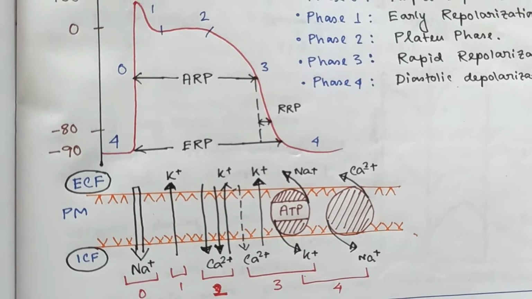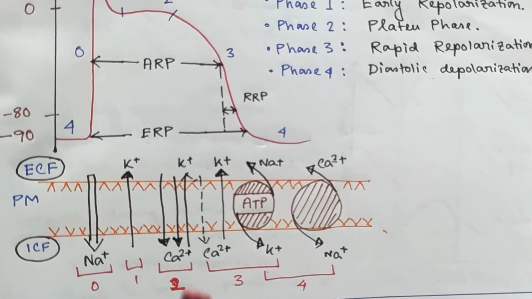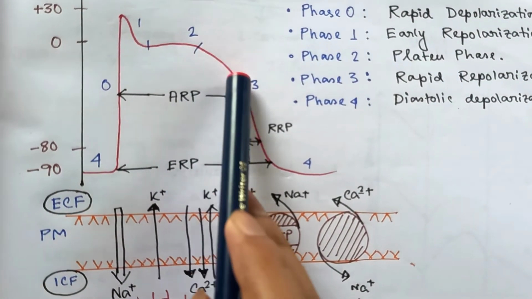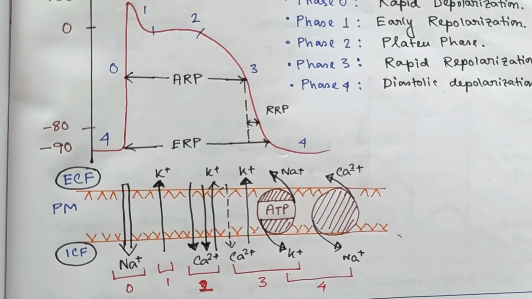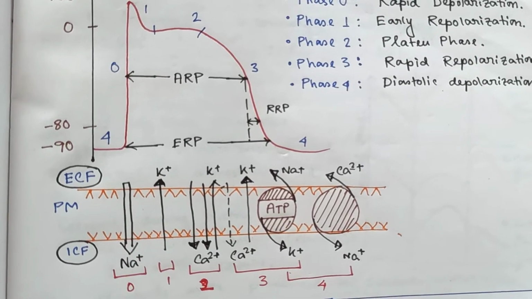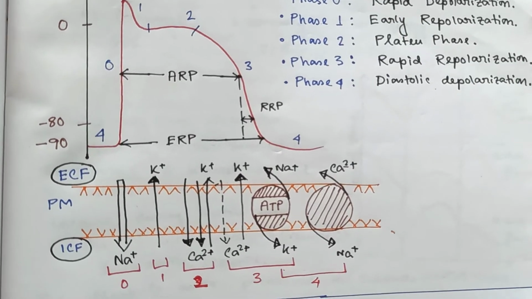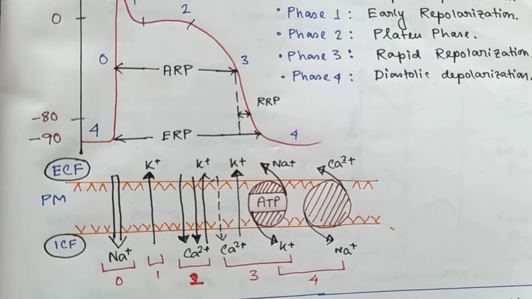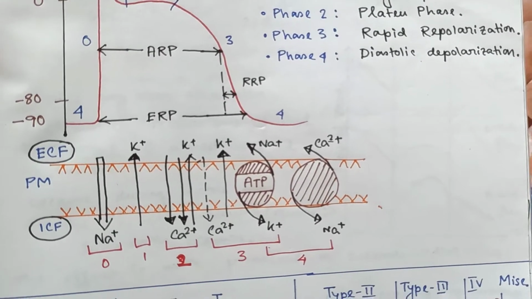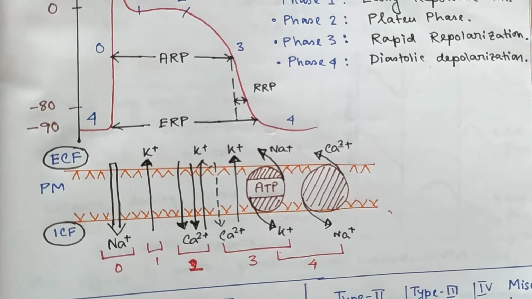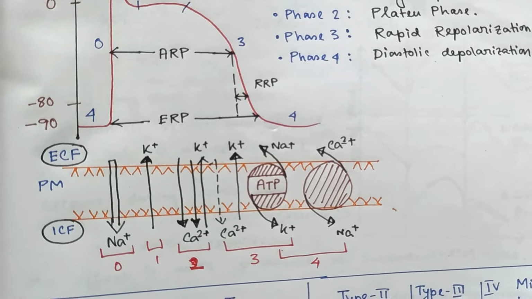Class 1B drugs shorten the phase 3 repolarization. They shorten this phase. As a result, they also decrease the effective refractory period, and they mainly block inactivated sodium channels, while the class 1A drugs mainly block the open channel, but class 1B mainly block the inactivated sodium channels.